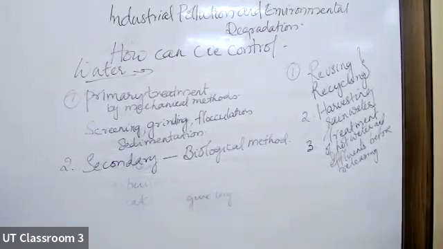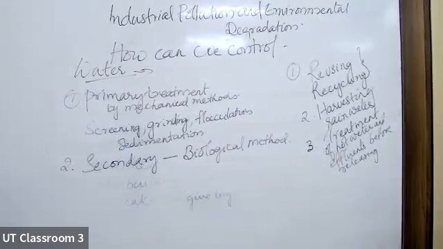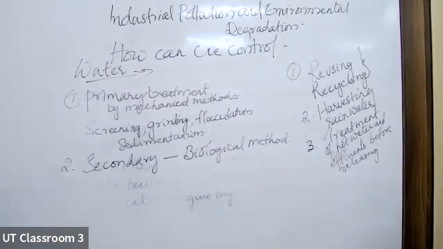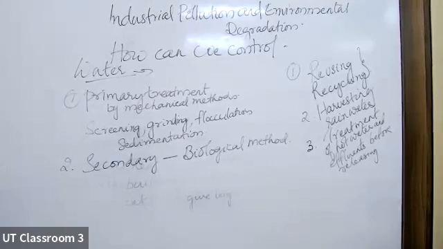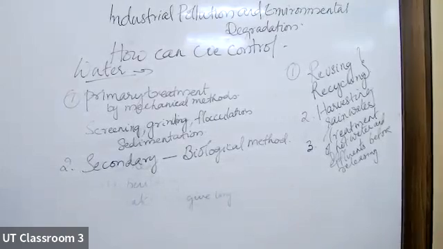Understood that? So our environment should not get damaged. Here also it comes. So development should take place without giving problems to our environment. So that is another solution, that is sustainable development.